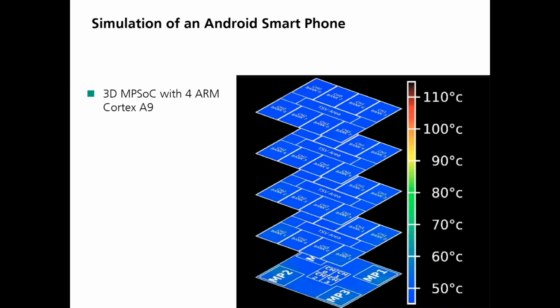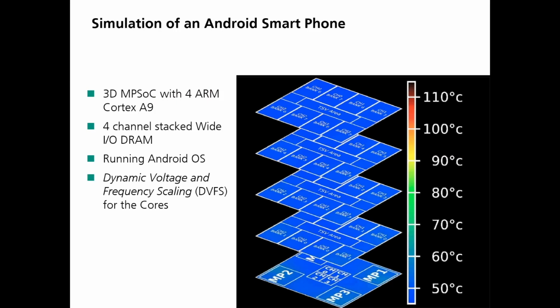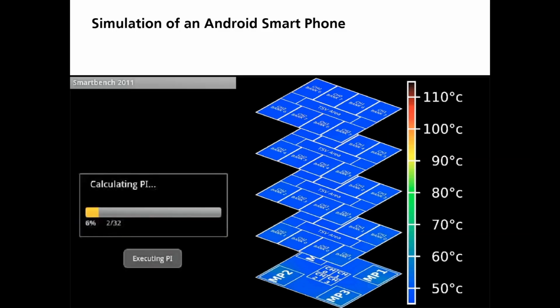So I show you here also a simulation that we did some years ago. This is a 3D MPSoC with 4 ARM Cortex-A9 cores, and then 4 channels of stacked Wide I/O DRAM. We are running Android OS on Gem5 here, and we also did dynamic voltage and frequency scaling for the cores, and some refresh optimizations as well. Then we have a closed-loop simulation, and we also put temperature sensors into the memory.